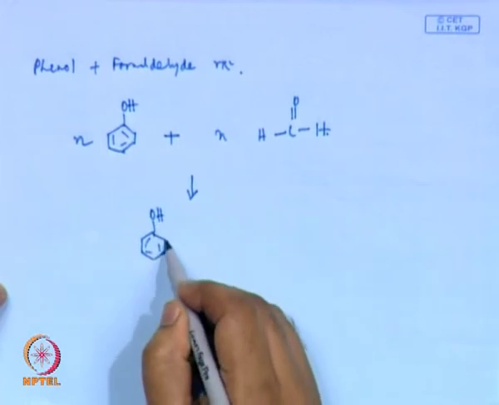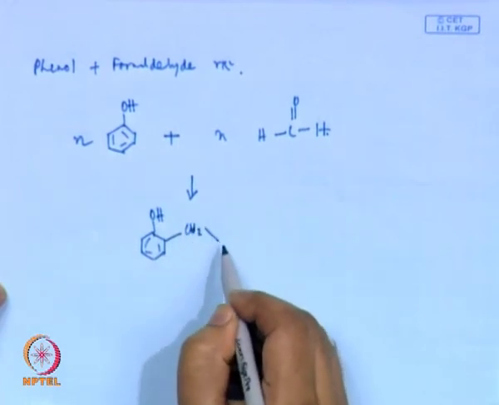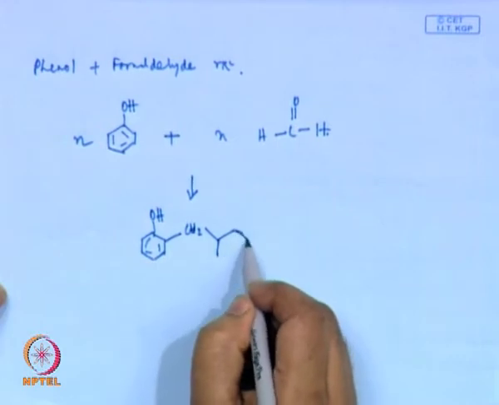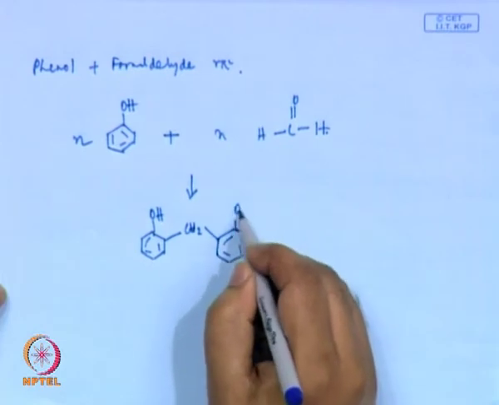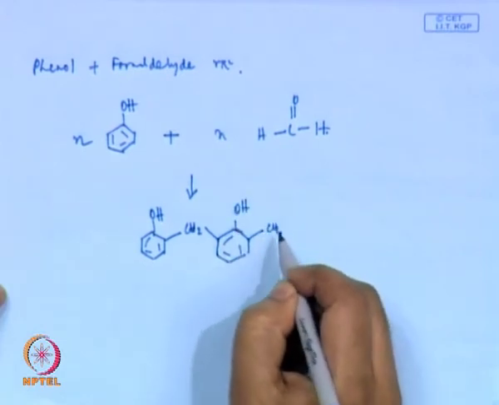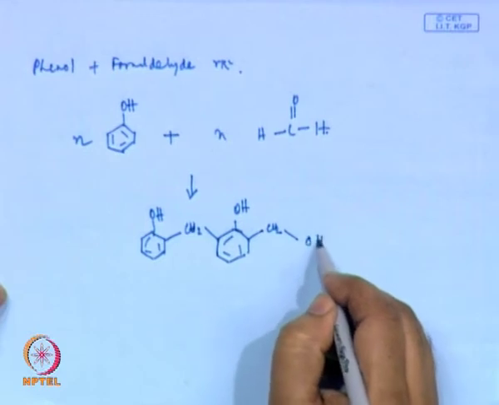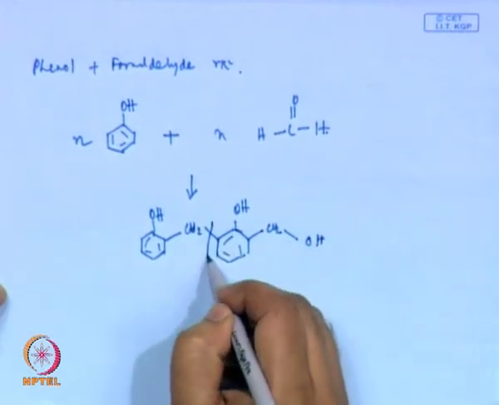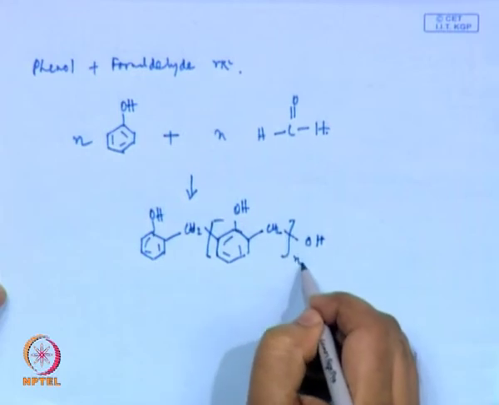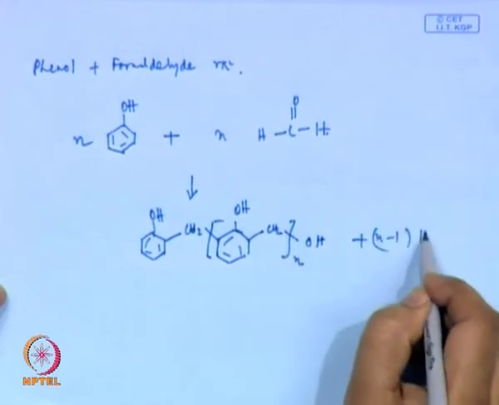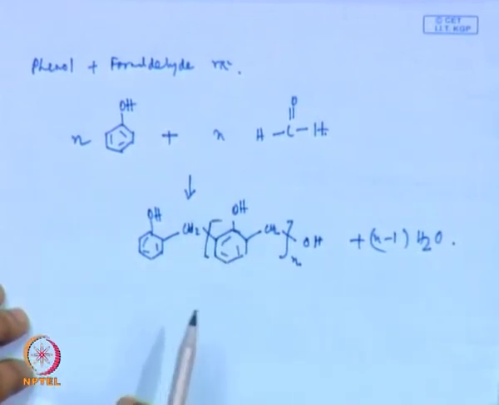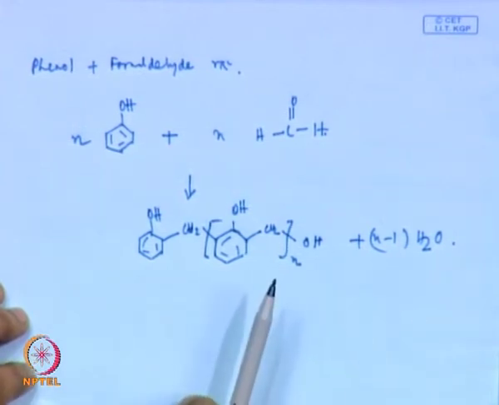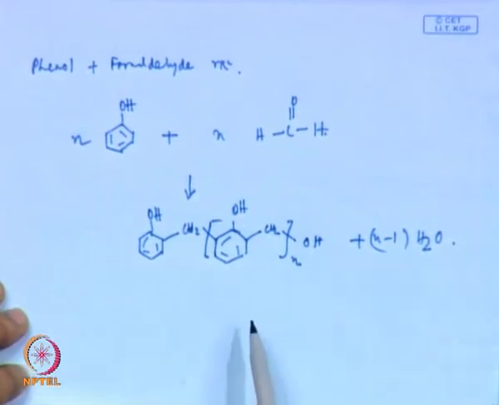This gives a polymer like this. Okay. Now, with the original definition of addition and condensation polymers, you will definitely classify it as a condensation reaction, because in this reaction small molecules are coming out.